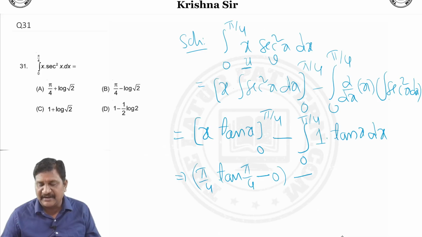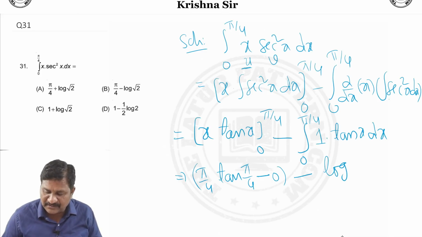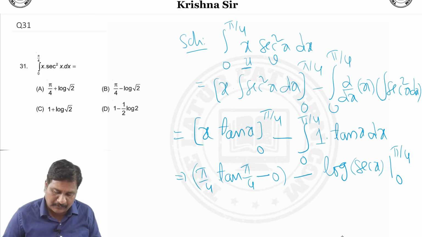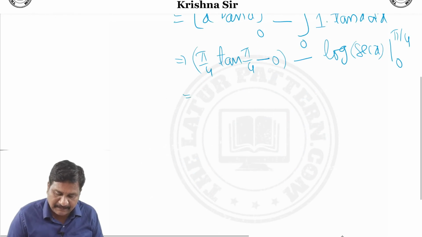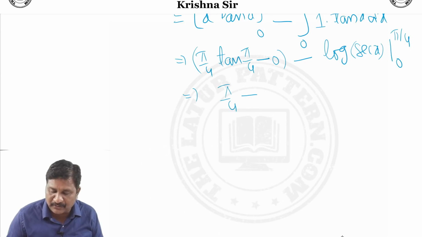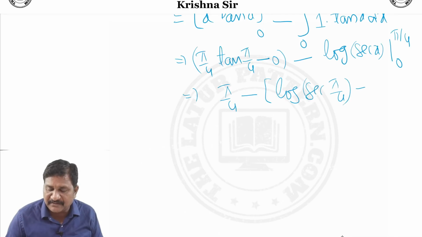Now we have to integrate tan x, that is log of secant x, whose limits are 0 to pi by 4. So here pi by 4 into tan 45 is 1, minus 0, and for log secant x we apply the limits: the upper limit in place of x is pi by 4, minus the lower limit, log of secant 0.